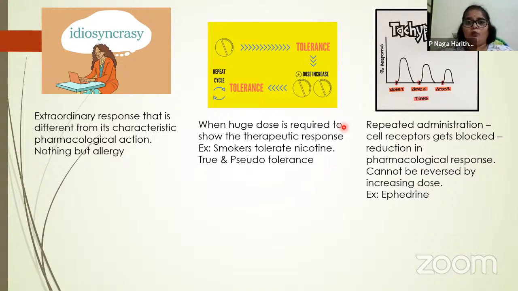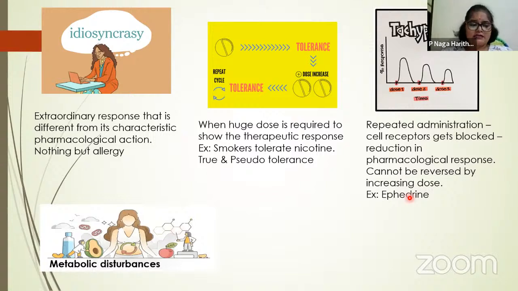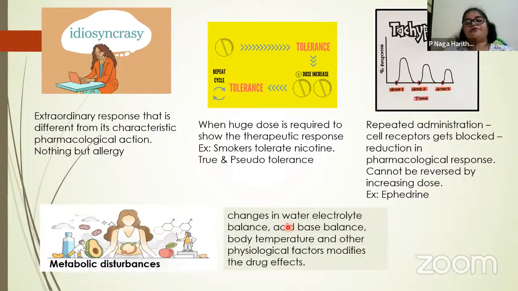How can you give more of the drug when the receptors are already occupied? So that is what is given here: the pharmacological response cannot be reversed by increasing the dose. Example is ephedrine. And then the last factor that we have is metabolic disturbances.